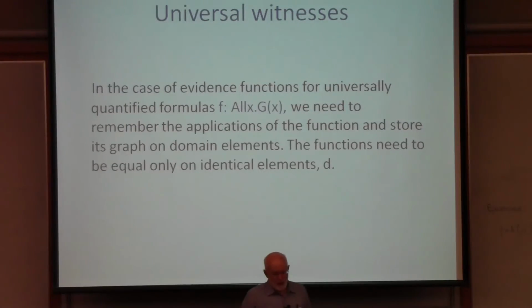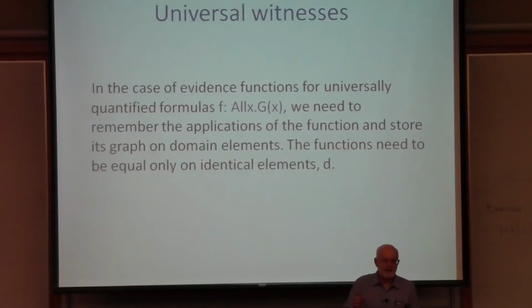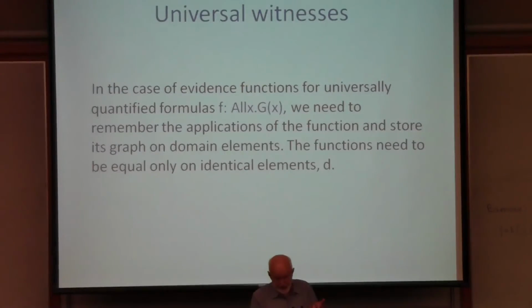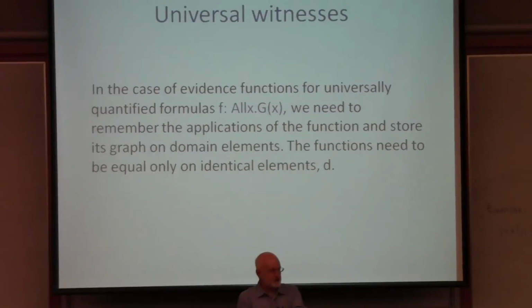So to deal with this problem, we have to add to the thing we're building up a model of this function, a finite model of it, which is a table that we store with the hypotheses. So that's another little trick, but again, not a hard trick. It just complicates the proof, so that you have to do lookups. When you get to these functions that are universal quantifiers, you have to see, have I used it before, and have I used it before on this argument?